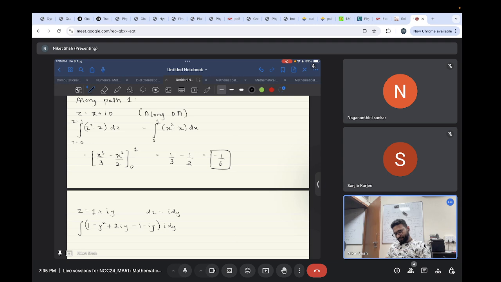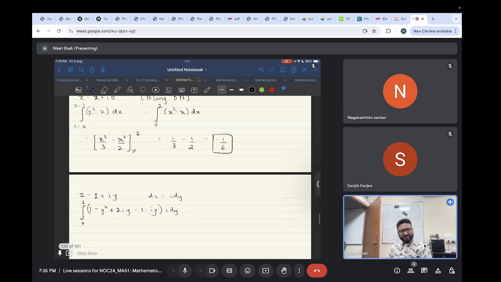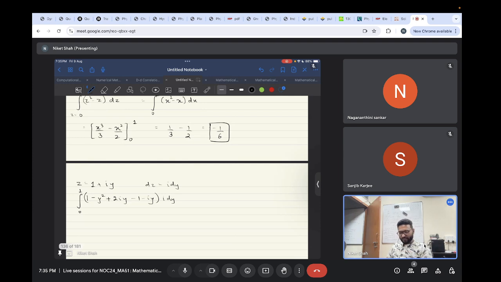And y goes from 0 to i. No, no, no. y goes from 0 to 1 only. I have taken y to be the imaginary part of the number, so y itself as a number is going to be real. So this is going to go from 0 to 1 only, not 0 to i. Is that understood why I took the limits like this?